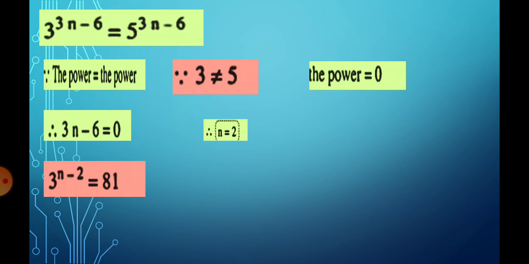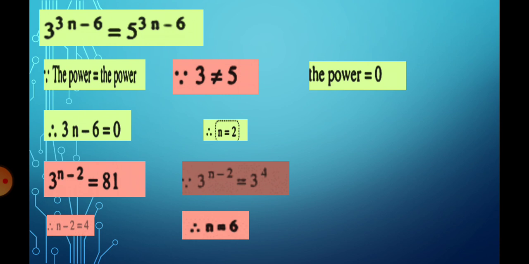We put 81 as 3 to the power 4. Then 3 to the power n minus 2 equals 3 to the power 4. Here the two bases are equal. Then the powers are equal. n minus 2 equals 4. Then n equals 4 plus 2, n equals 6.